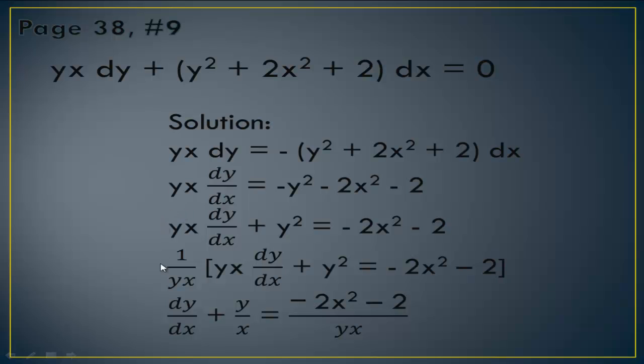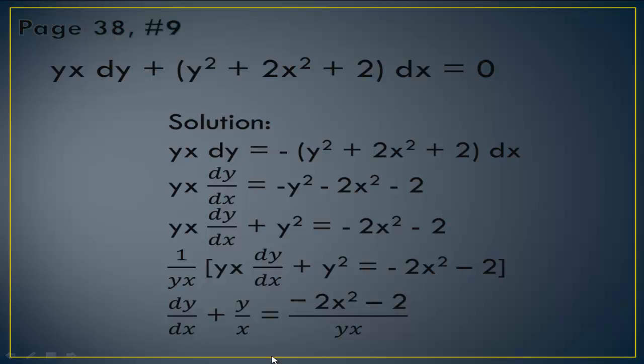Then by multiplying both sides of the equation by 1 over yx, we will obtain dy over dx plus y over x is equal to negative 2x squared minus 2 over yx. So this is a special type of equation called the Bernoulli equation.